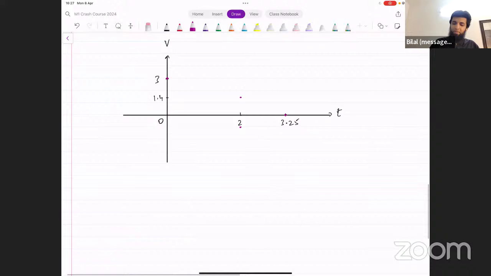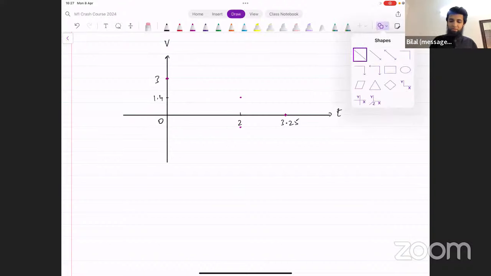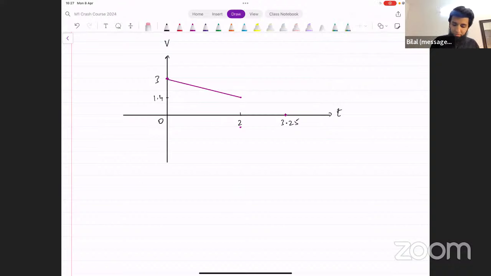It's going to be straight lines because acceleration is constant. The gradient of a velocity time graph represents acceleration. That means the gradient is constant. If gradient is constant, it's a straight line. So you just have to draw these straight lines like this from 3 to 1.4. And then it goes abruptly to -1 here. This is -1.